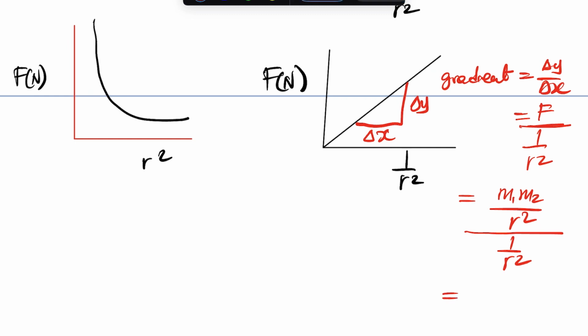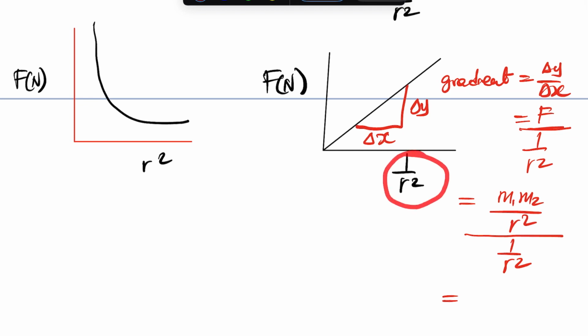The hint, guys, here, in order to get the gradient, if you have the distance and the force, that means the gradient has to do with the product of the masses. So mathematically, these two are going to cancel. But let's see.